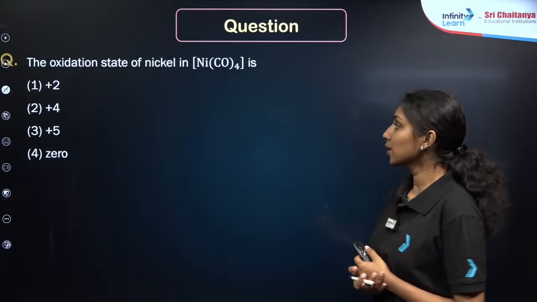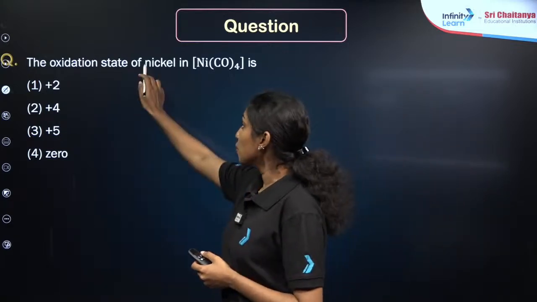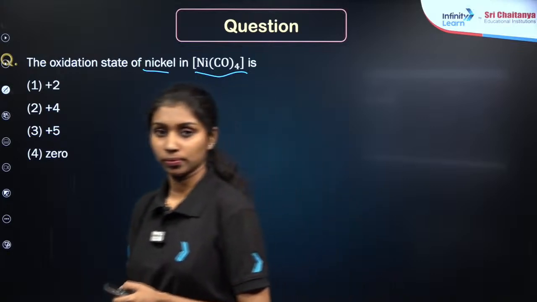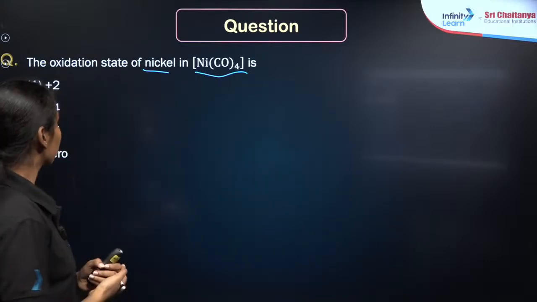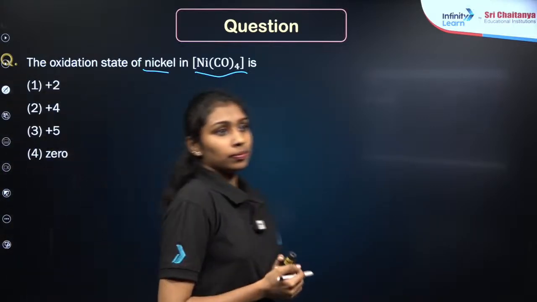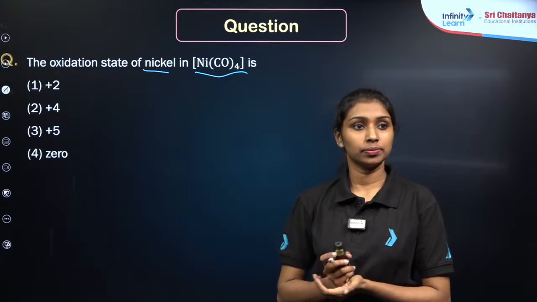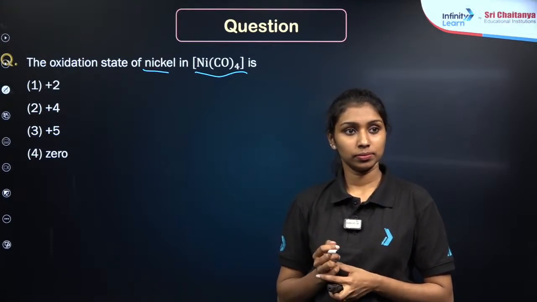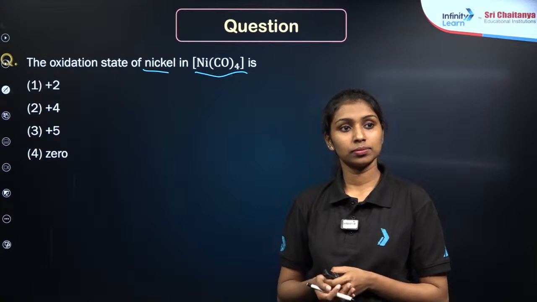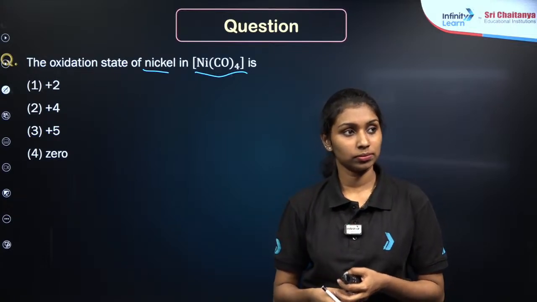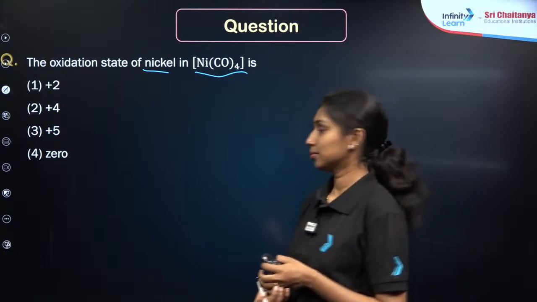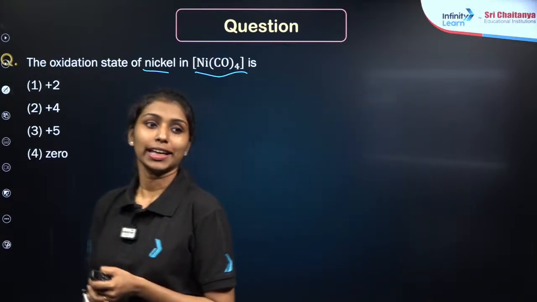Now, here is the next question. Find the oxidation state of nickel in nickel carbonyl. Okay, option D. What about others?